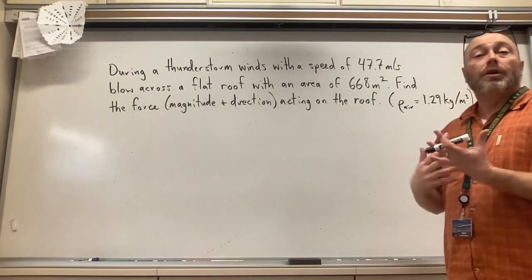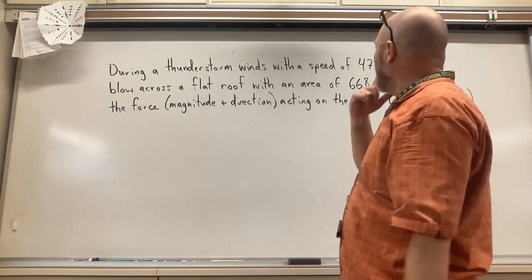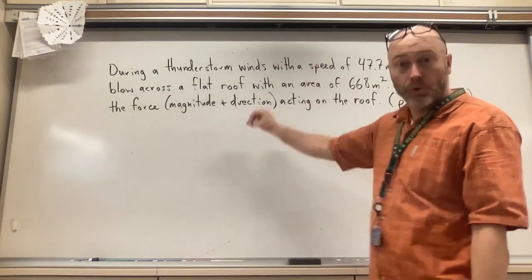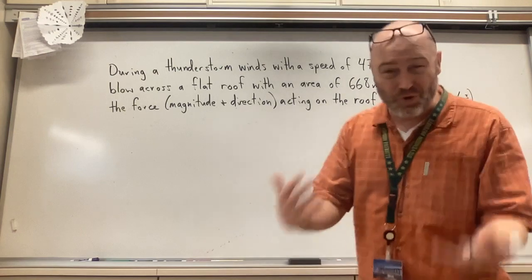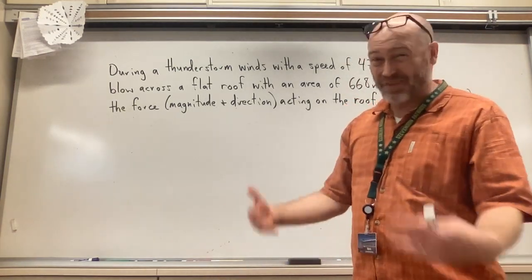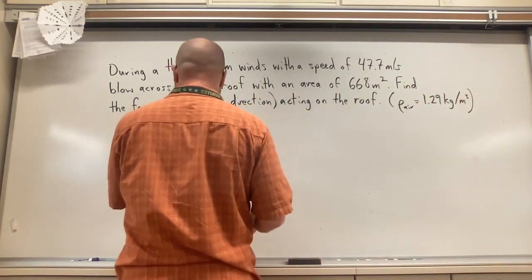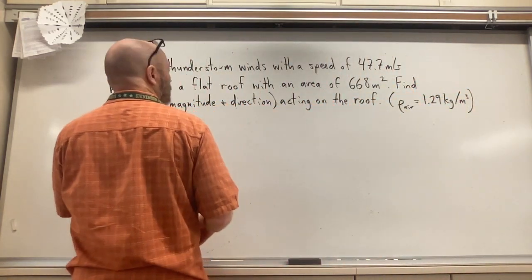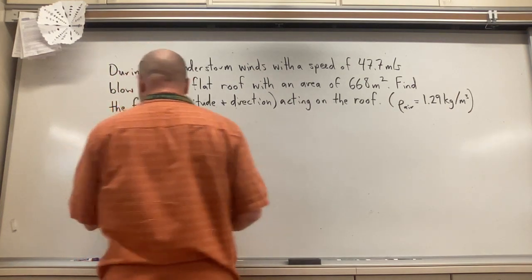All right, so if we're doing this problem, first of all, you have to recognize, I have moving fluid. So if you have moving fluid, you should be thinking about Bernoulli, which means I need to draw my picture first because I always draw my picture. So let's draw a picture of what's happening. I have my house, here's my building with a flat roof.